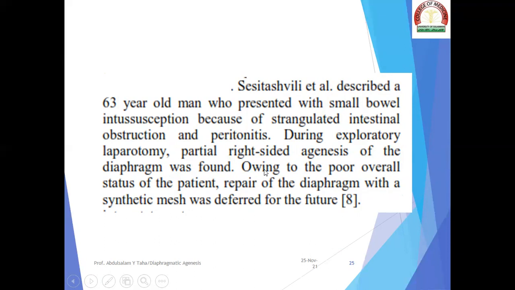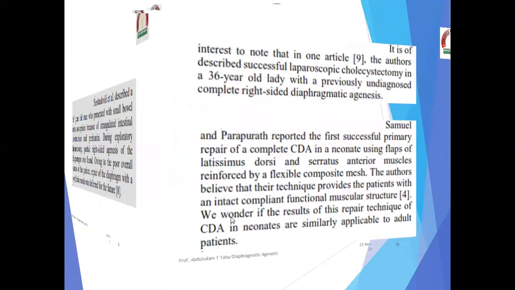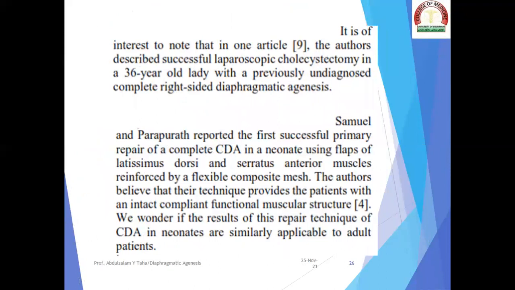Owing to the poor overall status of the patient, repair of the diaphragm with a synthetic mesh was deferred for the future. It is of interest to note that in one article, the authors described successful laparoscopic cholecystectomy in a 36-year-old lady with a previously undiagnosed complete right-sided diaphragmatic agenesis.